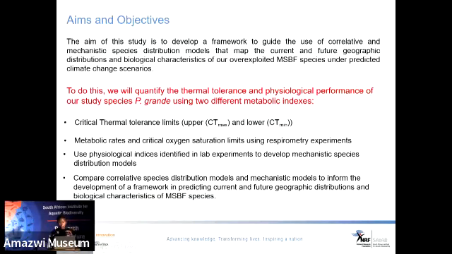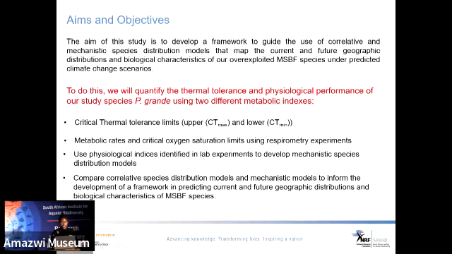Thereafter, we'll use the physiological indices identified from those lab experiments to develop mechanistic species distribution models. We will then run correlative species distribution models to inform the development of a framework in predicting the current and future geographic distribution and biological characteristics of our marine shore-based fisheries.